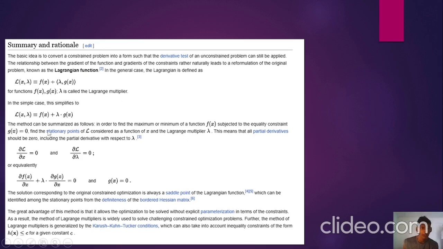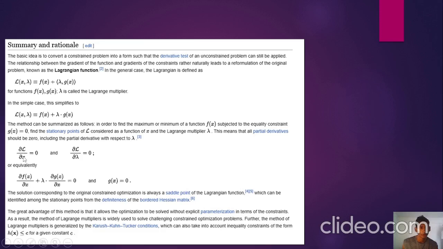The method can be summarized as follows. In order to minimize or maximize the function f of x, subject to the equality constraint g of x is equal to 0, find the stationary point of L considered as a function of x and the Lagrange multiplier lambda. This means that all partial derivatives should be 0, including the partial derivative with respect to lambda.